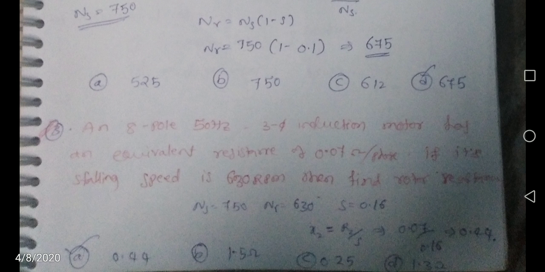To find the rotor reactance, X2 equal to R2 by s. R2 value is 0.07, slip value is 0.16. So the rotor reactance is 0.44.